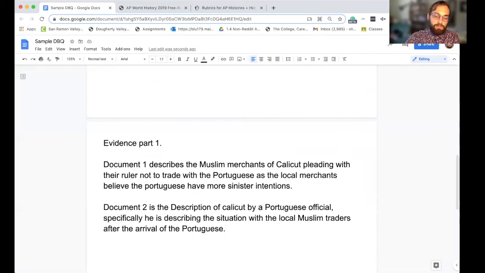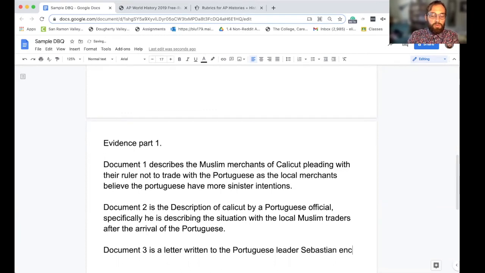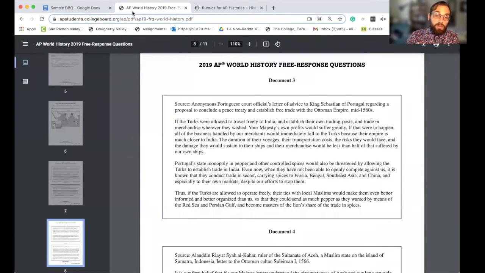Document 3 is a letter written to the Portuguese leader, Sebastian, encouraging him not to make peace with the Ottomans. Actually, let's be clear. We should use our words carefully here. Yes, peace and free trade.